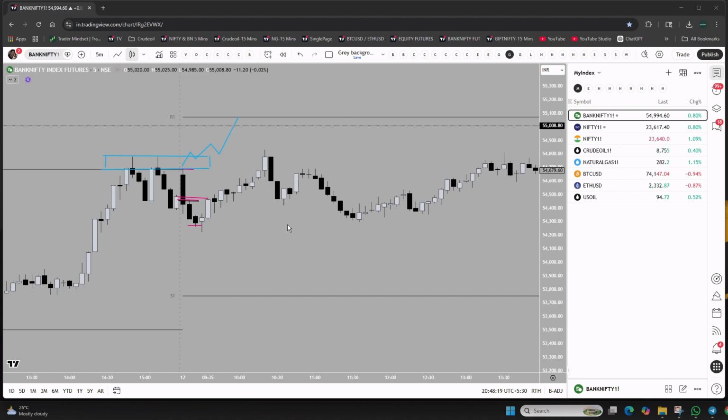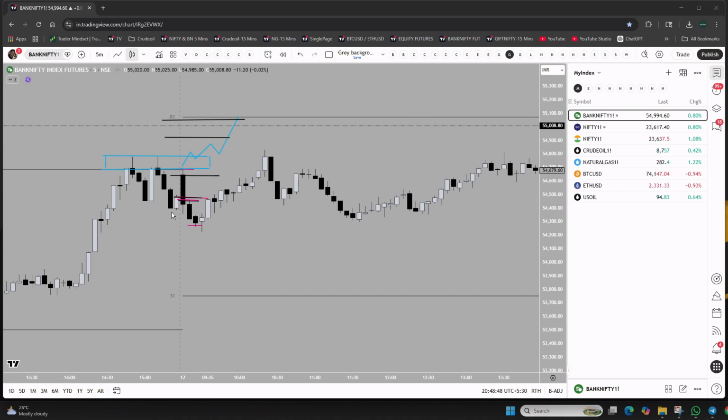Now, as a trader, our job is to take the right entry and set the stop loss. In this case, the stop loss was a bit higher, but I aimed for around 200 to 250 points stop loss. If I had initiated the trade here, I would have had a stop loss somewhere here. But since I initiated the trade at this point, my stop loss went to half of the distance.